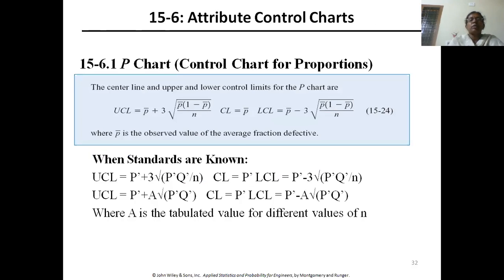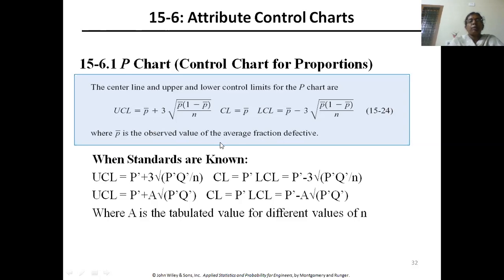Next, you have control charts for attributes. In this, first we will see control charts for proportions, which is called the P chart. For the P chart, UCL is small p bar plus 3 root of p bar q bar by n, CL is p bar, LCL is p bar minus 3 root p bar q bar by n, where p bar is the observed value of the average fraction defective.